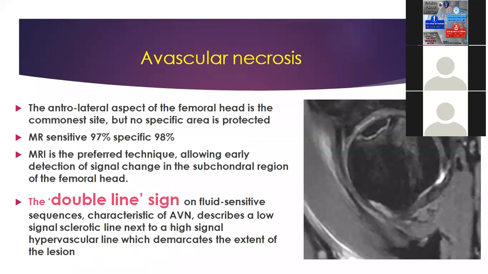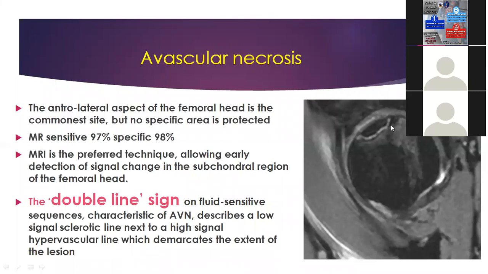Looking at avascular necrosis, it's a very nice photo, showing what is called the double line sign. We always think it's the anterolateral aspect, but no area can be protected. All the socket and all the femoral head can be affected by avascular necrosis. The MRI is more sensitive and more specific.